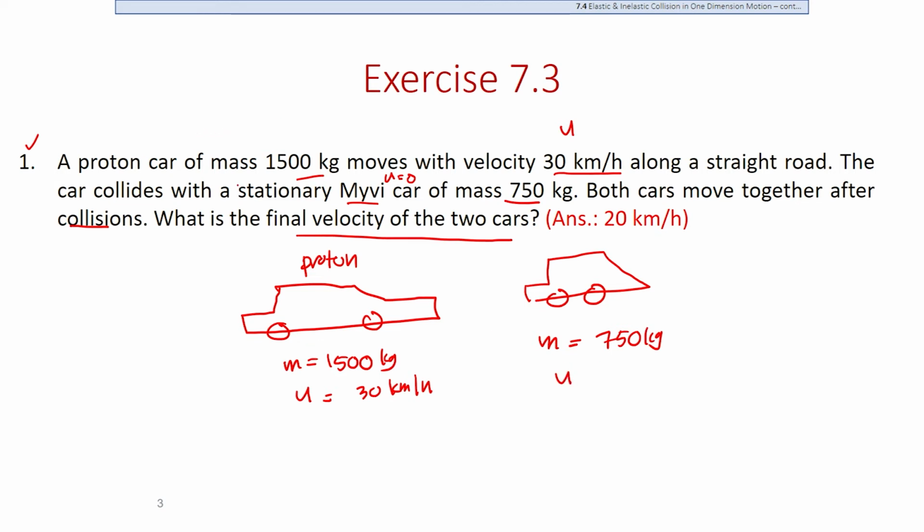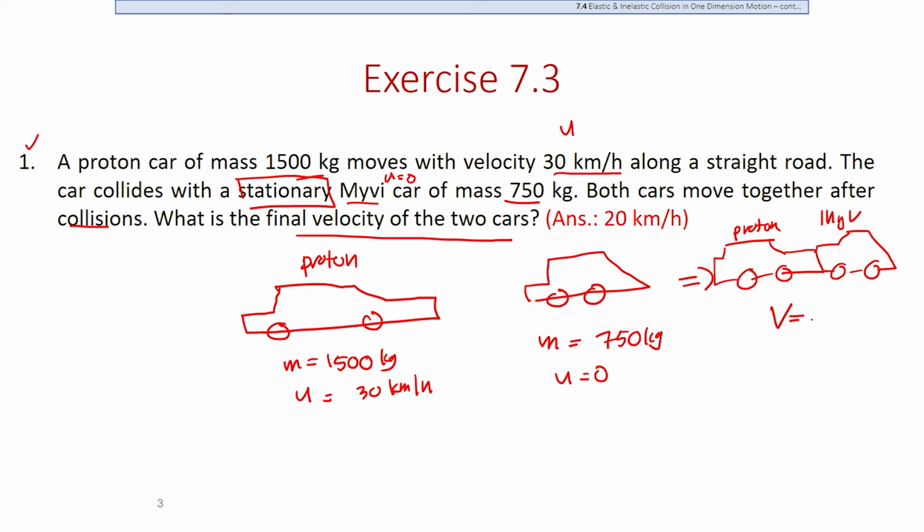It's mentioned that stationary means u equals 0. After collision, the cars move together or stick together, Proton and MyVi, and then move with the same speed v.